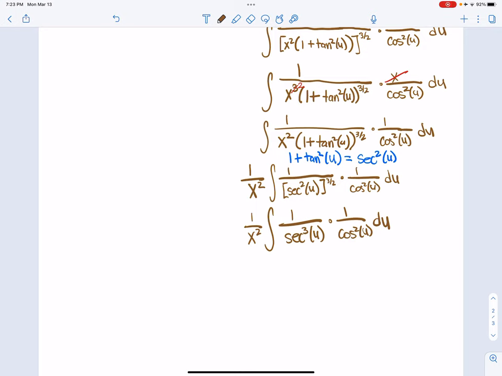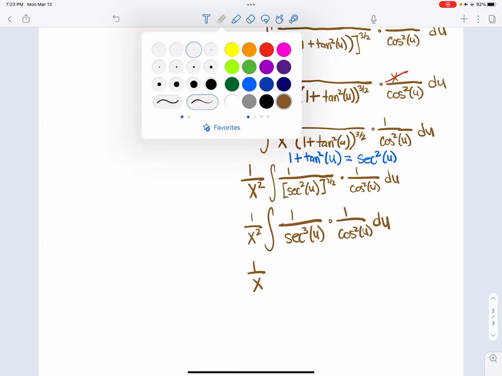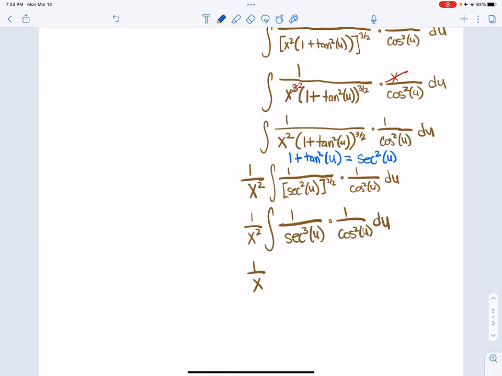And remember that cosine of x is equal to 1 over secant of x, right? So using that knowledge, I could change this. Cosine of u is equal to 1 over secant of u, right?